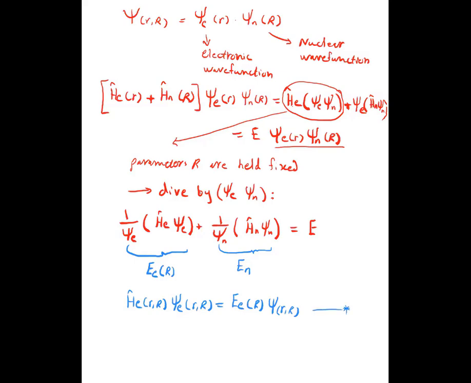The second one, we have the nuclear Hamiltonian with respect to R operating over a nuclear wave function with respect to R, and this is equal to En, the nuclear energy, and psi n with respect to R.